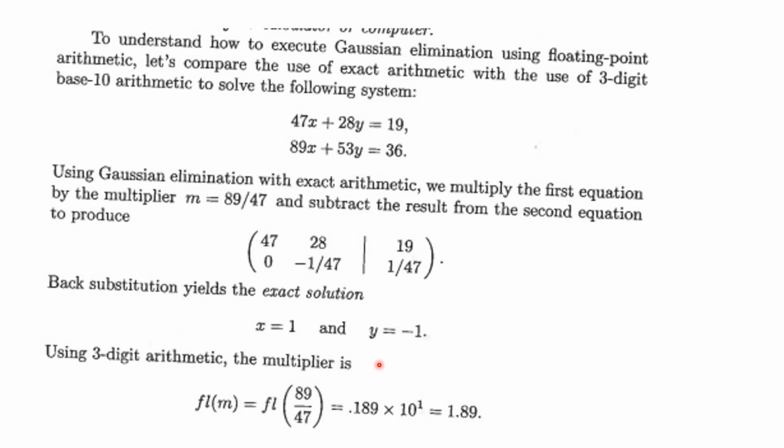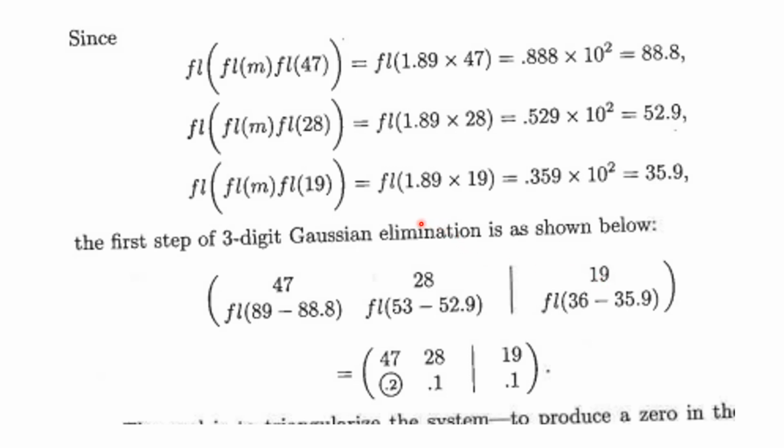But if we use three-digit arithmetic, the floating value for the multiplier, 87 over 47, ends up being 1.89. And these other calculations end up being this. So if we do the first step of a three-digit Gaussian elimination, we'll have floating point values here, and so we'll get 47, 28, 19, 0.2, 0.1, and 0.1.